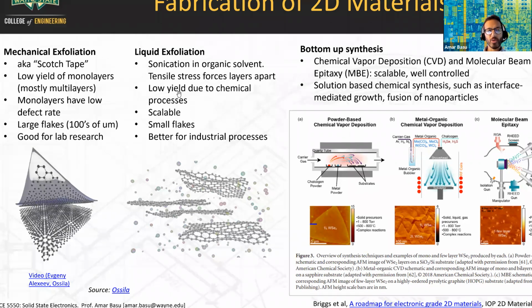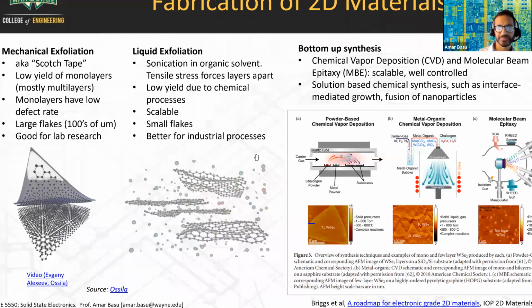This has low yield as of now because it's a chemical process and they're hard to recover. But if we can get it to work, then it becomes more scalable than the mechanical exfoliation. So this is better suited for industrial processes. Because you're doing sonication, your flakes are smaller than the larger flakes that you'd get with mechanical exfoliation.